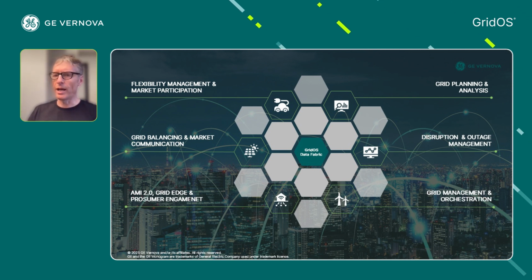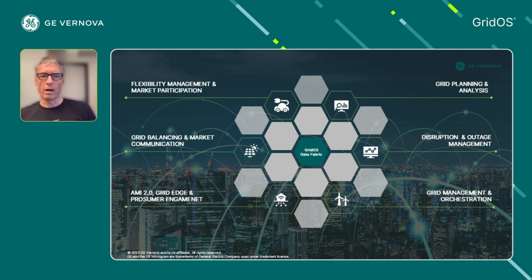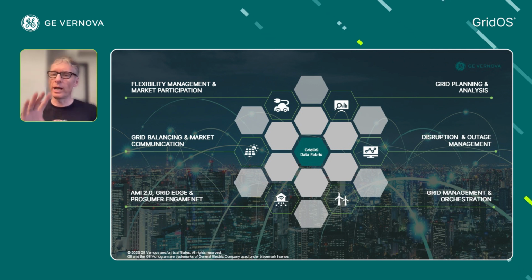So we have one area, and that was also something Paul was mentioning, where our clients are using the Data Fabric and GridOS Connect. And by the way, in 2-3 minutes, we are coming back to the different components. But where clients are using the platform for grid planning and grid analytical use cases.